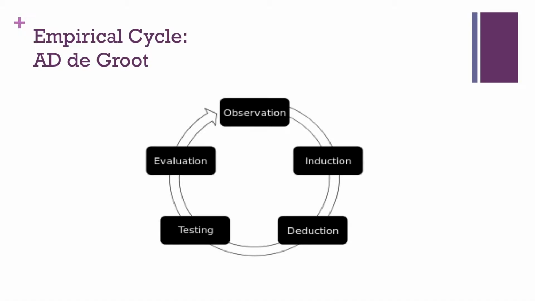So you've probably all heard this before in one form or another, starting in grade school, high school, college. The scientific process involves a certain cycle. A.D. de Groot, who was a chess master, actually put it in this context. The empirical cycle is such. You start with an observation. You say, hey, it looks like this is going on. And then you move on to induction.